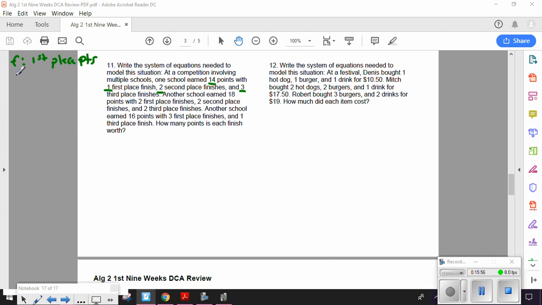Let's say S is second place points. And that means T is third place points. Because that's what we're going to find. It's asking for how many points, so we don't know that right now. So again, the first equation is school number 1.